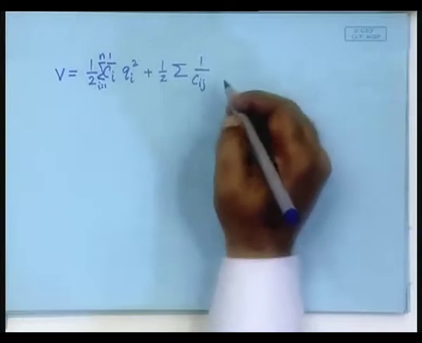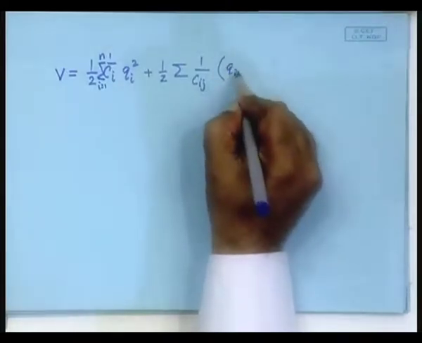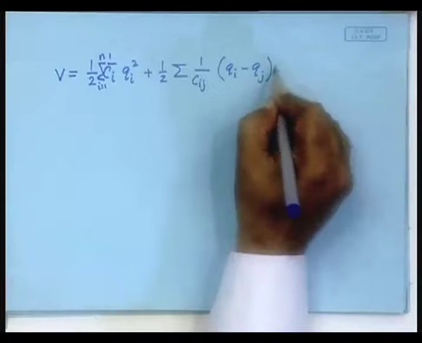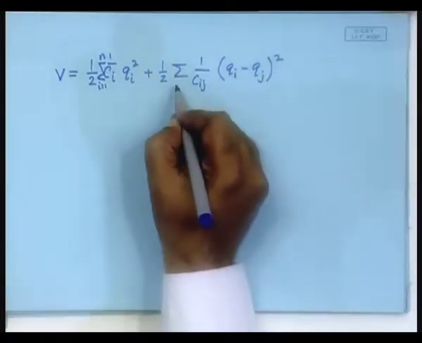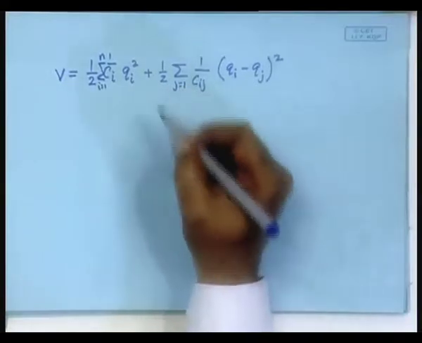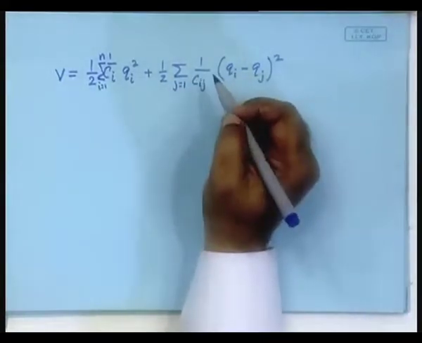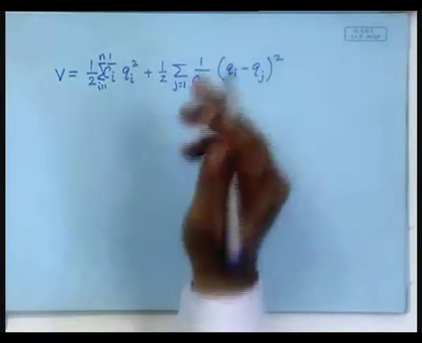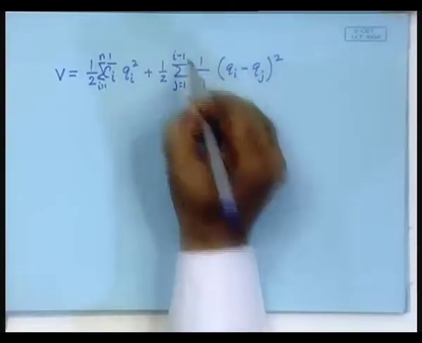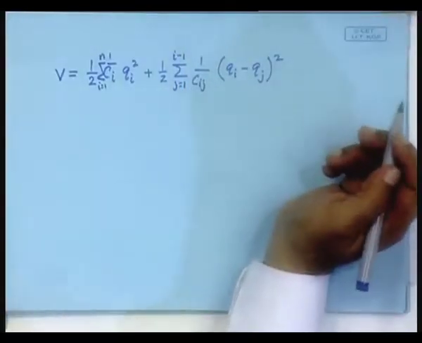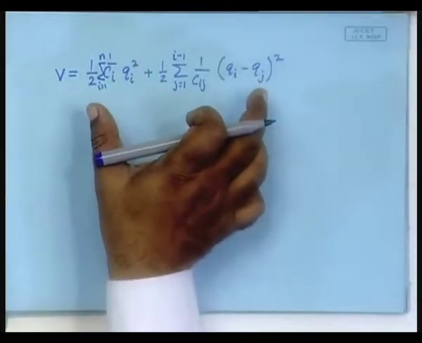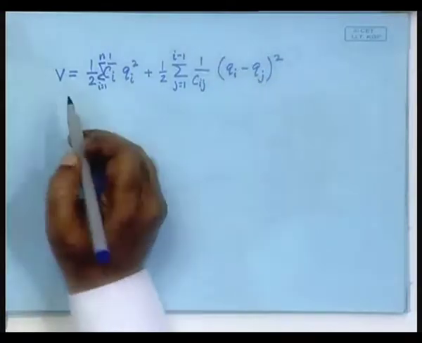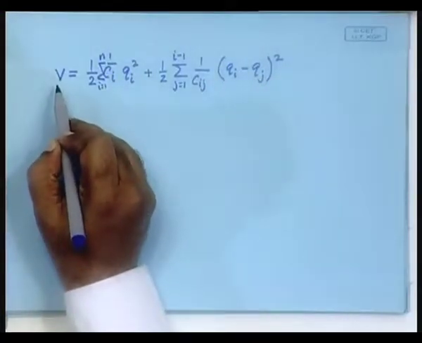So, this is a mutual branch, this will be (q_i minus q_j) squared, and this will be summed from j equal to 1 to i minus 1, because I am not considering the self one.